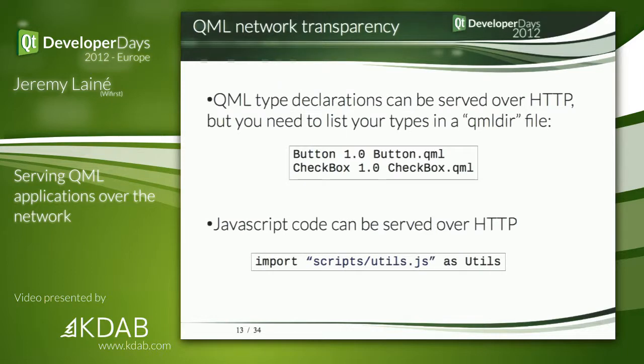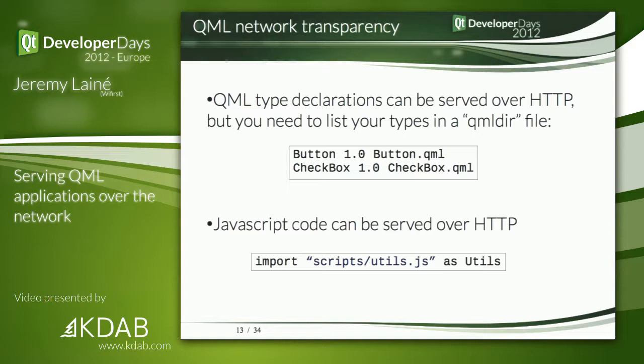You can also serve QML type declarations, but let's say you've created this new button element component which you want to reuse. There is a little bit of extra work to be done over just using this QML file locally, in that you're going to need to declare the names of your QML files for your different components.